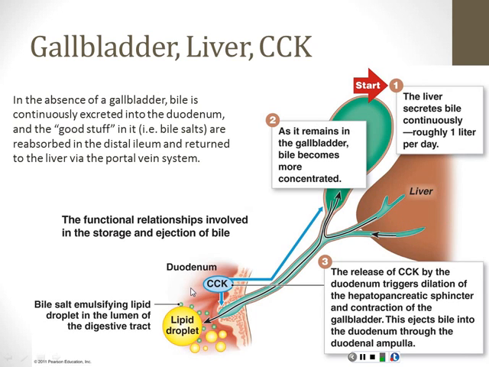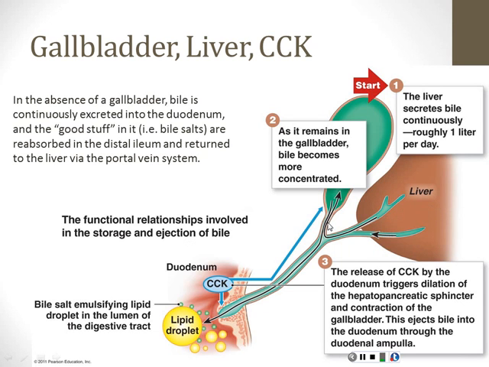And it turns out that doesn't really cause any bad harm. The bile does no harm in the intestine, so the fact that it's present there all the time doesn't hurt anything. So some of the stuff that's in bile we want to hold on to.